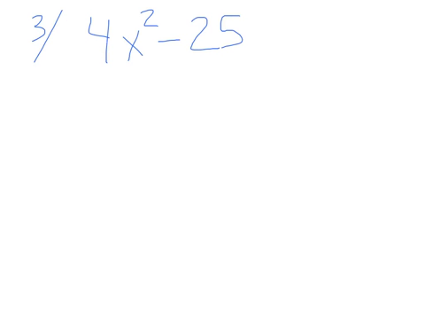All right, do I have a common factor? Well, I've got 4, which is 2 times 2, and it doesn't go into 25. So let's say I didn't know. Let's just do it. 2 times 2 times x, and then we've got minus 1, 25. It's 5 times 5.